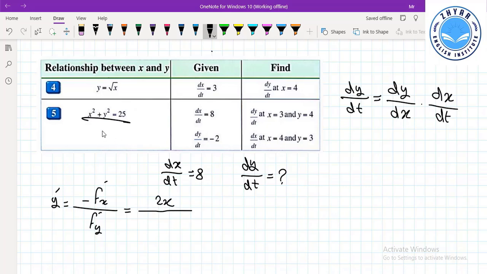Derivative according to y is 2y. Don't forget the negative. There is this negative, it goes next to the derivative according to x. Now the answer is negative x over y. Look back to the question. x and y are both given. Replace.